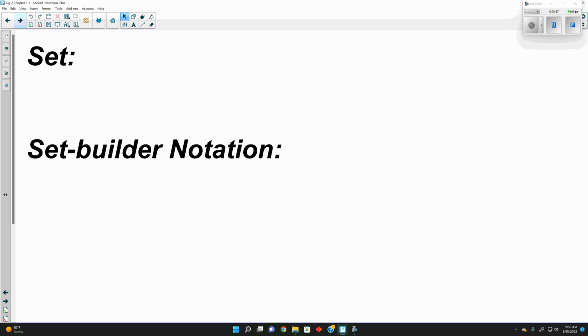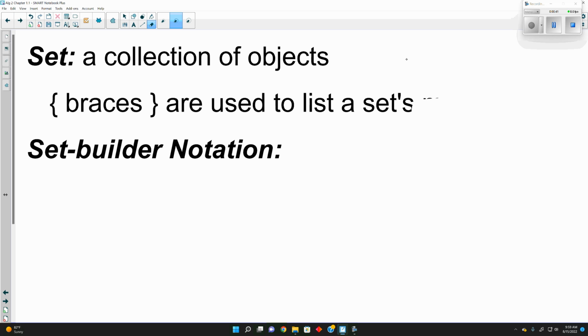So, a set is a collection of objects. Braces are used to list a set's members. So you don't have to write this verbatim as long as you get an understanding of what we're talking about.